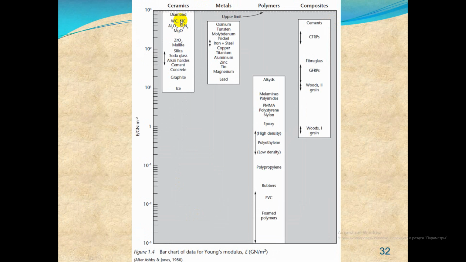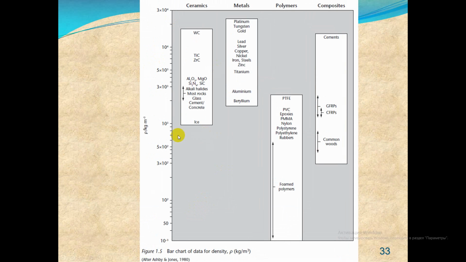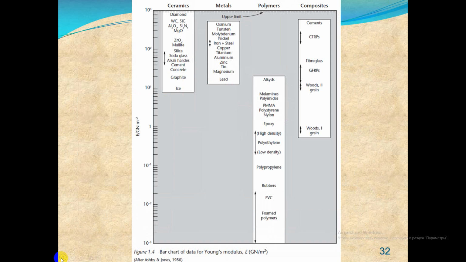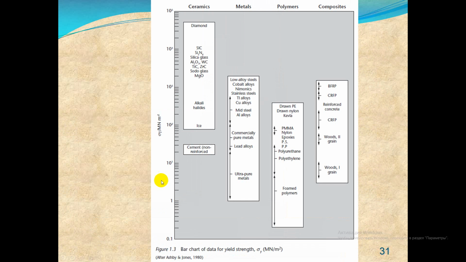Similar wide variations are seen for stiffness values in this figure and for density in this figure. So note the very wide variation in properties shown in the figure on yield strength.